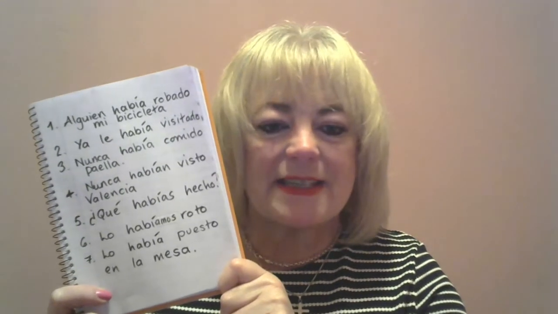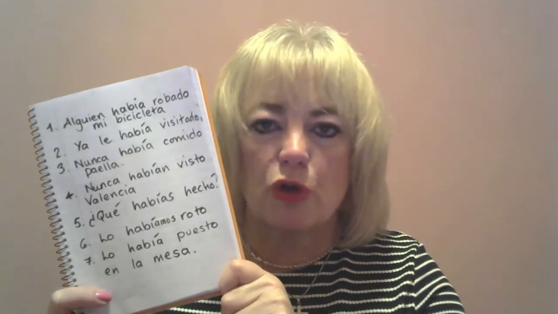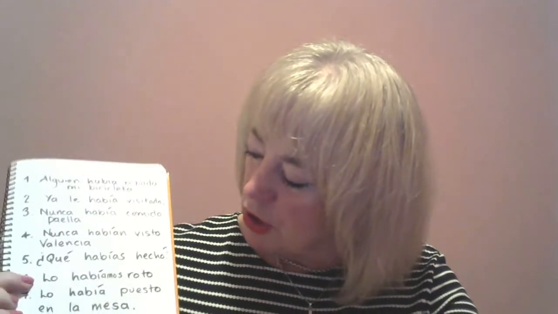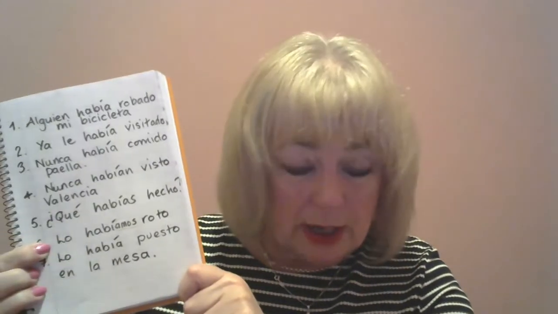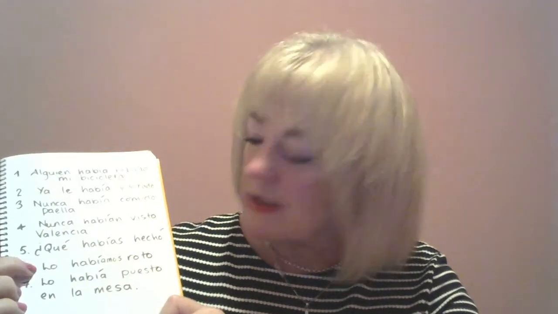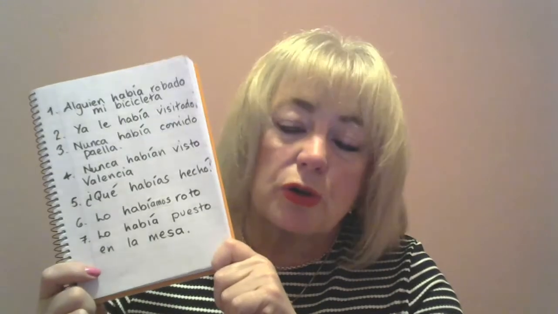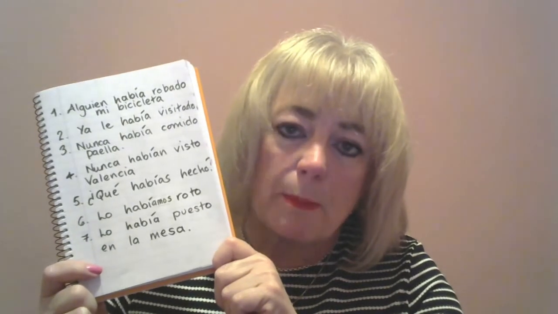Número 6. Lo habíamos roto. It we had broken. So pronoun there, and remember the pronoun goes in front of a conjugated verb, and roto is the past participle of romper. It is irregular.